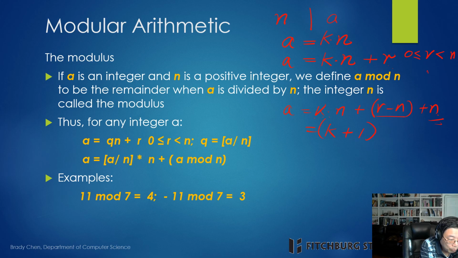So we have k plus 1 times n plus r minus n, and r minus n is still greater than or equal to 0, right? So we can make this the remainder. Now, if r minus n is less than n and greater than or equal to 0, that's the remainder. So we can always make the remainder less than n. If it's greater than n, then it's not a remainder, so we can continue to divide. So we can always write a as k times n plus r, where r is the remainder.